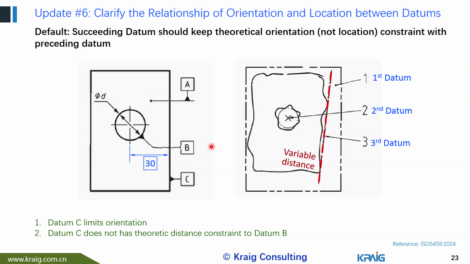Because by the default criteria in the ISO GPS, datum C only needs to keep the perfect orientation to datum A. For example, datum C surface should be vertical to datum A, and also datum C should be parallel to datum B. Datum B is basically the axis here. It should be parallel, but the distance constraint is not required. That's why here it is moved to here, so that we can see from here.